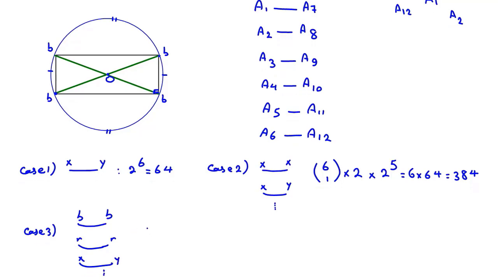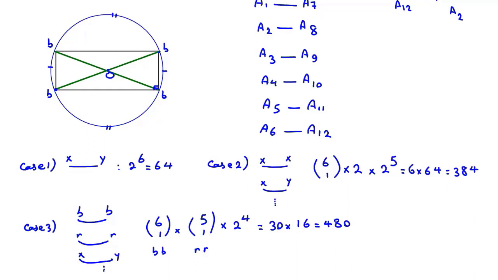So at first you should say 6 choose 1 for BB, then 5 choose 1 for RR, then we have 4 diameters that are left, 2 to the 4 for RB or BR. It will be 30 times 2 to the 4, which is 16, so 480.